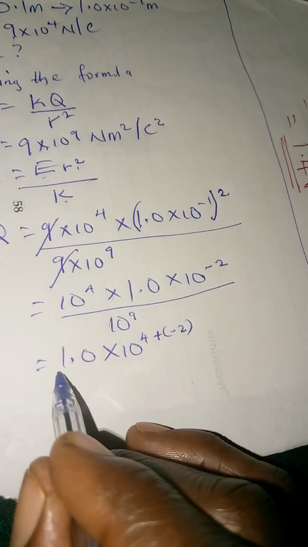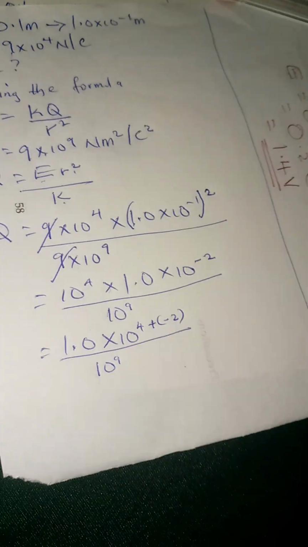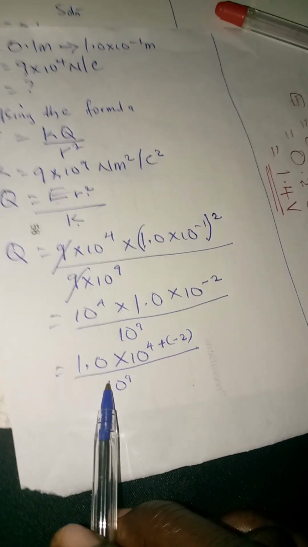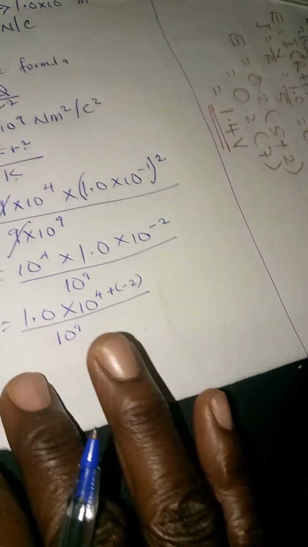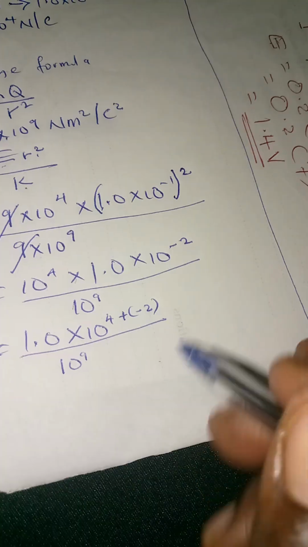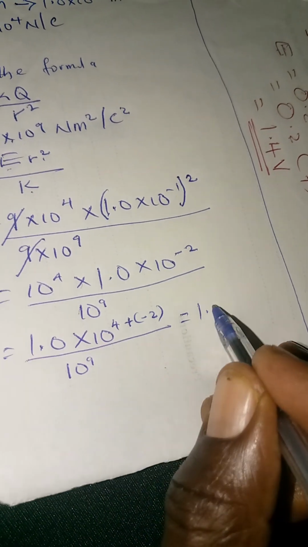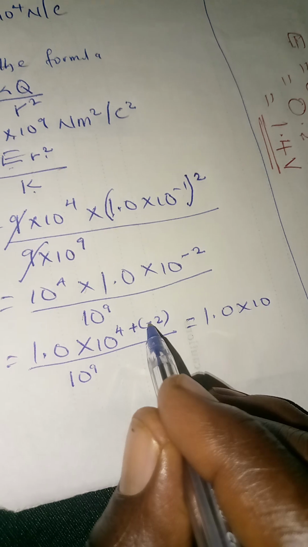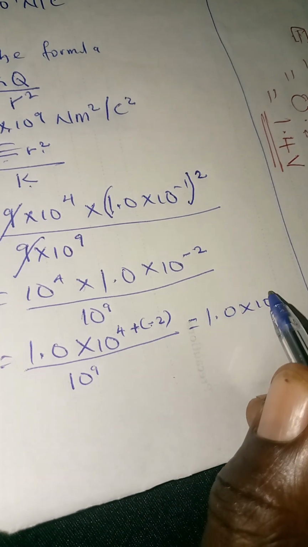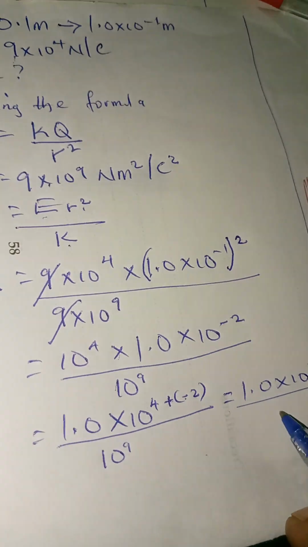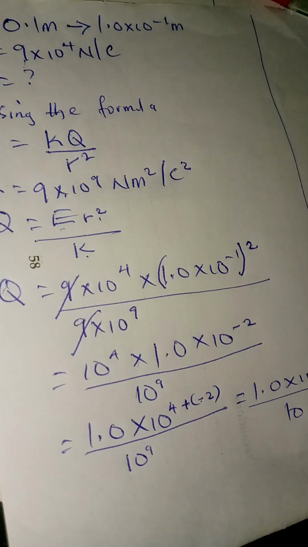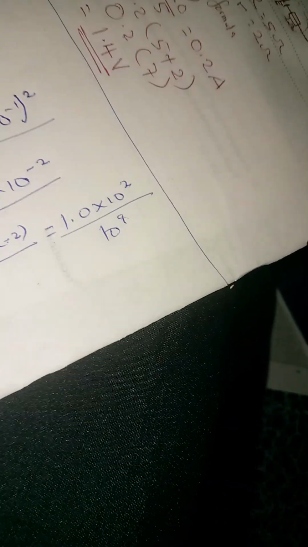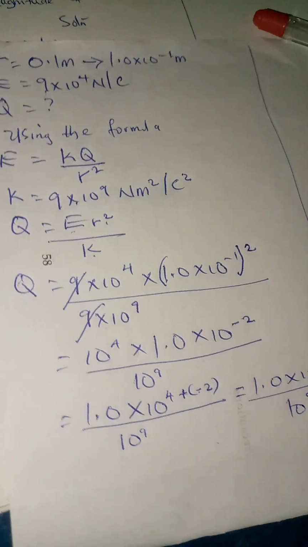So what you need to do next is 1.0 times 10 raised to power 4 minus 2, which is raised to power 2, all over 10 raised to power 9.